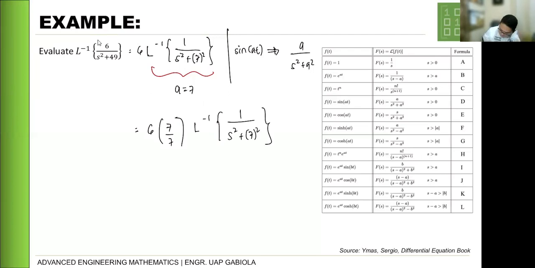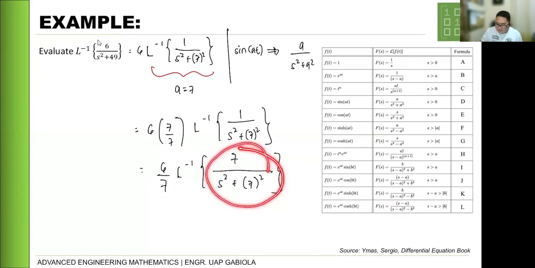Okay? Then we can plug the 7 back inside the transformation. So we have 6 over 7, L negative 1. Then we have 7 all over s squared plus 7 squared. Okay? Then once this equation satisfies the equation for the transformed equation of the Laplace transformation table, we can actually transfer it back to its f of t equation, which is sine at. So, ang a natin dito, again, is 7.